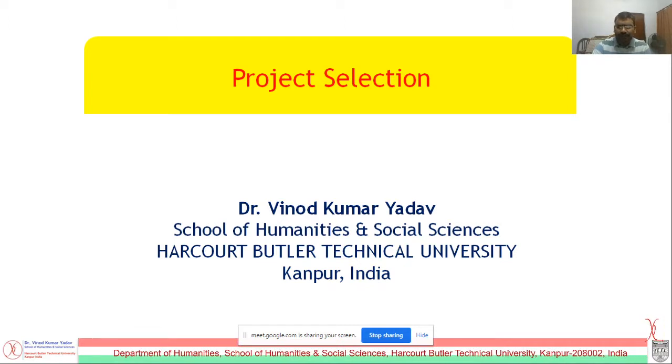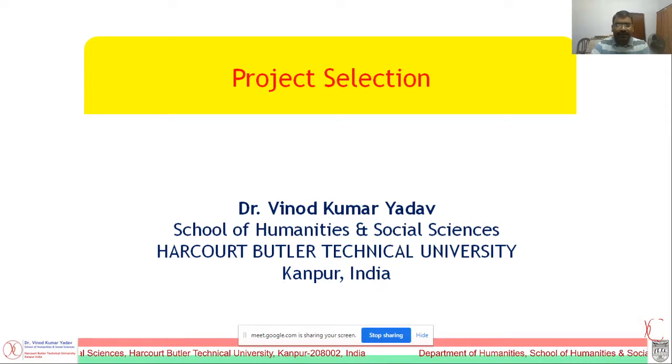Once you have identified your area, identified your line of action, then you need to choose or select many associated things. Those associated things, I consider, are the selection of things which are related to your area, related to your identified project.